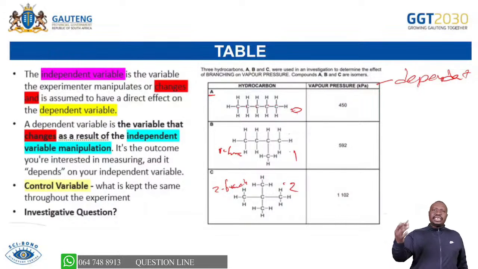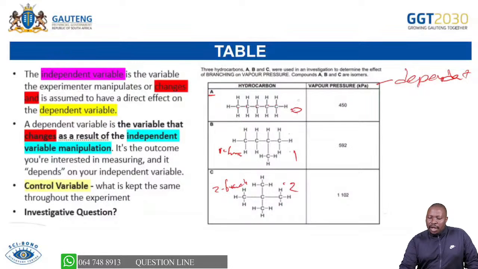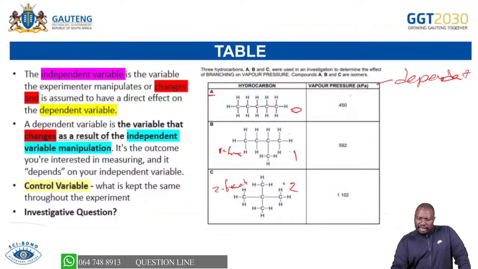Some will talk about the surface area. It's still fine. So as you can see now, as the number of branches increases, because they'll ask what is the trend of the vapor pressure here.